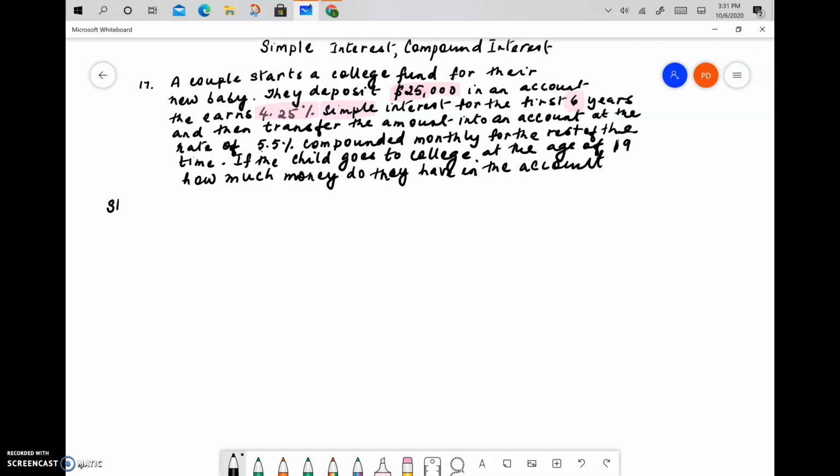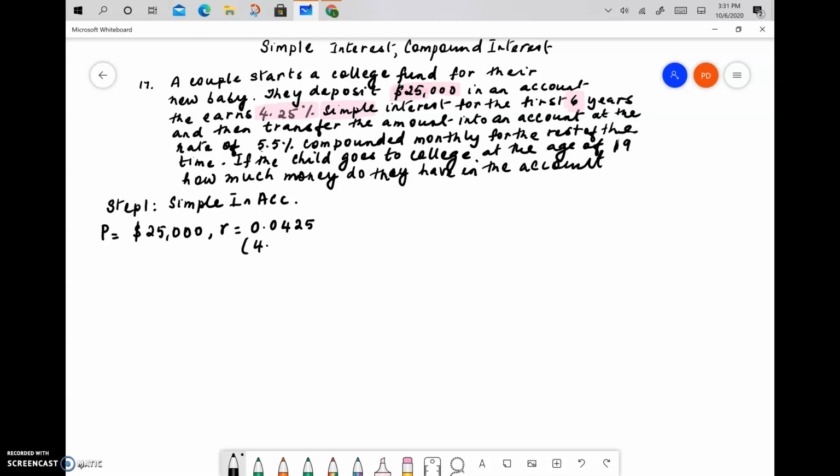So step 1 is a simple interest account, and the starting amount, or the principal value, or the present value, is $25,000. The rate of interest is 0.0425.